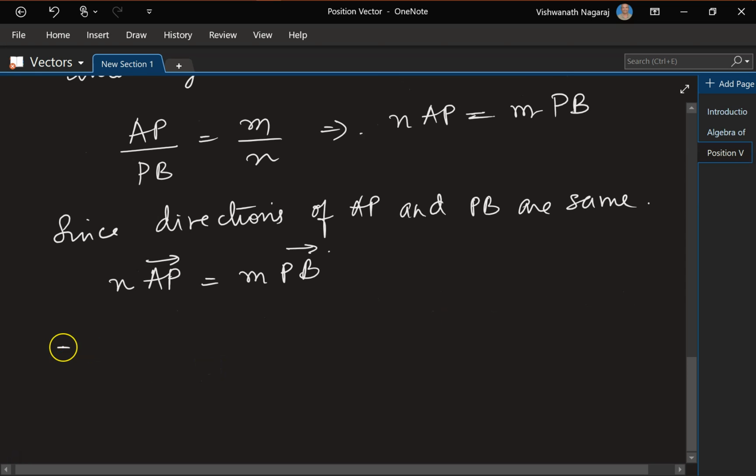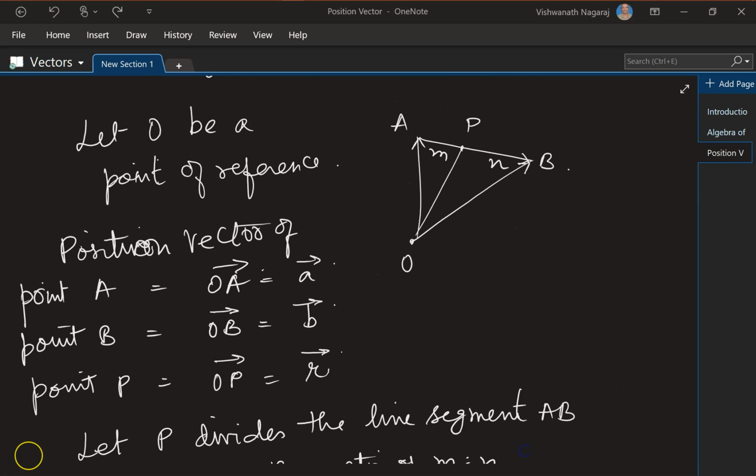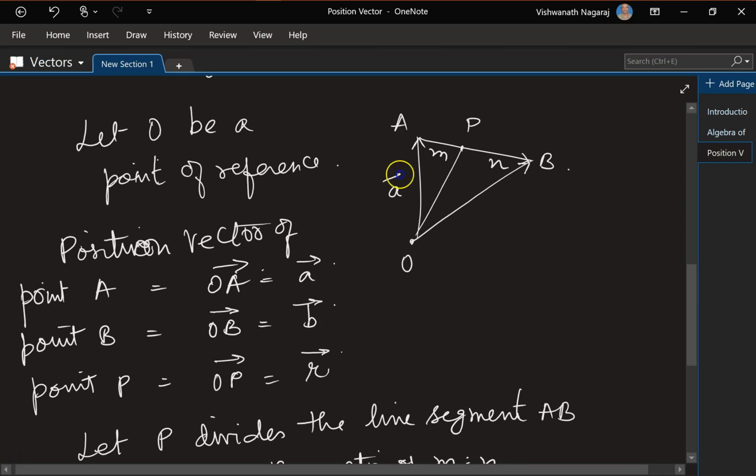Now AP can be written as, in this diagram this is A, this is B, and this is R. Let's say AP is a vector.